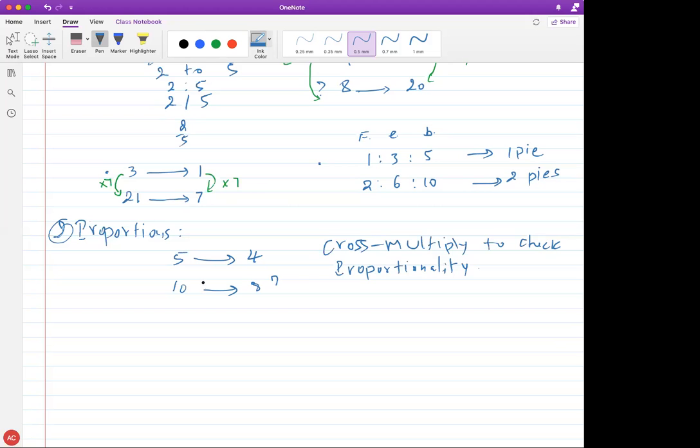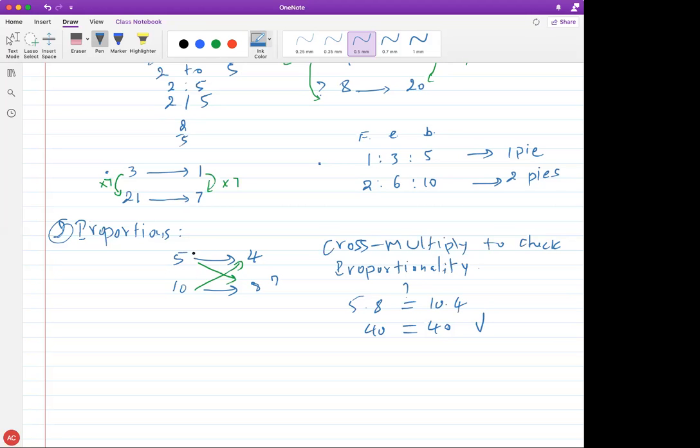So we can do 5 times 8, and it must be equal to 10 times 4. If they're proportional, that must be true. So is 5 times 8 equal to 10 times 4? In fact, this is 40, this is 40, so that's true.